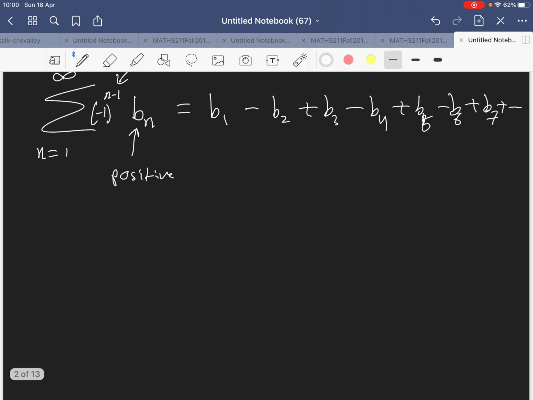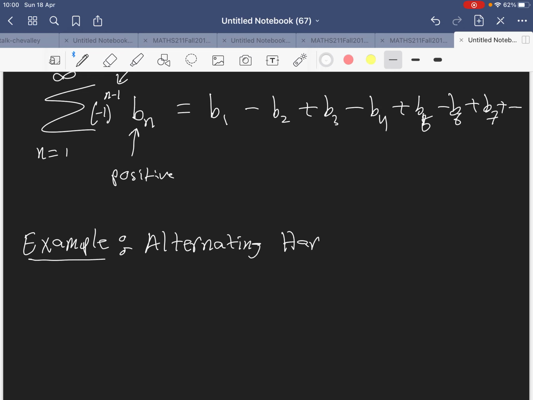Now, just to give you an example of a famous alternating series, we call it the alternating harmonic series. What is the alternating harmonic series? It's the same as the harmonic series.